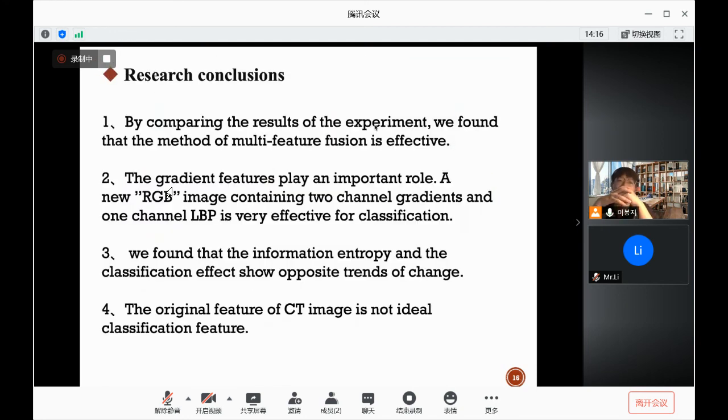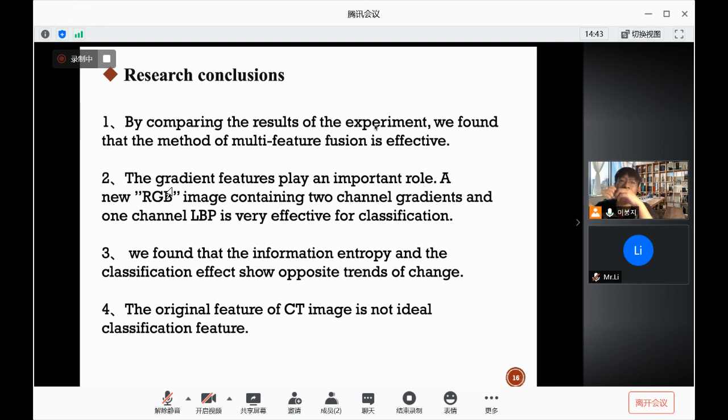Research conclusions. Number 1, by comparing the results of the experiment, we found that the method of multi-feature fusion is effective. Number 2, the gradient features play an important role. A new RGB image containing 2 channels of gradient and 1 channel of RBP is very effective for classification.